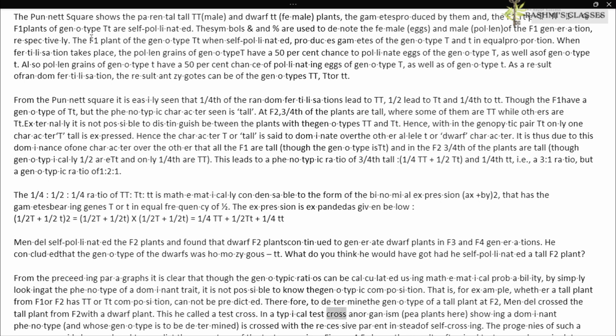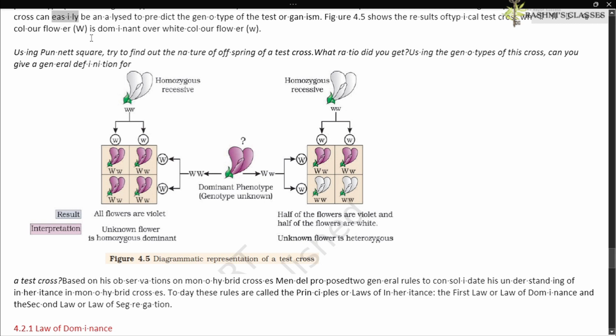In a typical test cross, an organism, here plants, showing a dominant phenotype, and whose genotype is to be determined, is crossed with the recessive parent instead of self-crossing. The progenies of such a cross can easily be analyzed to predict the genotype of the test organism.